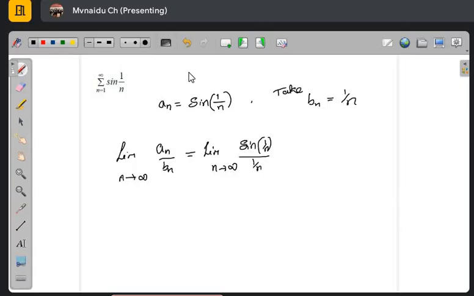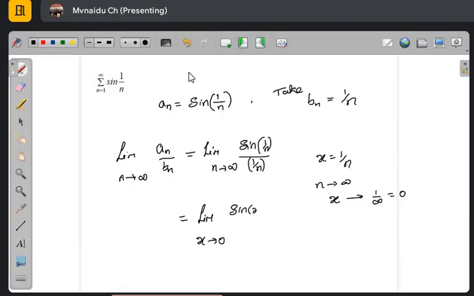Okay, let's substitute x equals 1 by n. If I take x equals 1 by n, then as n goes to infinity, what happens to x? x goes to 1 by infinity, it goes to 0. So if we rewrite this limit, it is the limit as x goes to 0, because n goes to infinity means x goes to 0. I want to write everything in terms of x.